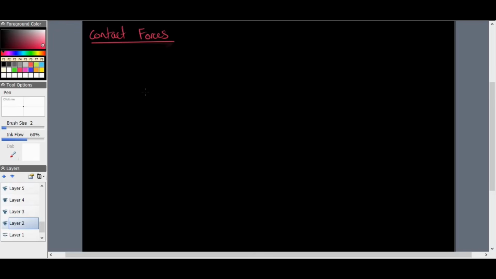Now, with contact forces, as you've seen in the mind map, friction, tension, and compression, all that kind of stuff. When two objects touch one another, they are in contact, and the result will be a contact force. So we have contact forces when two objects touch one another.